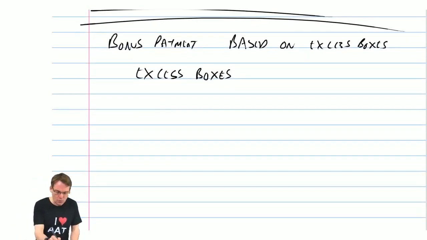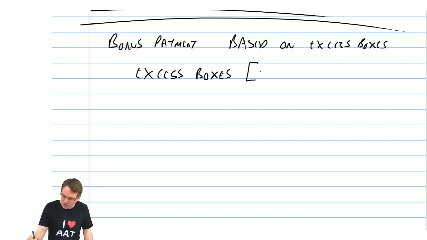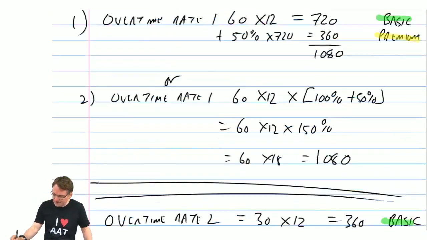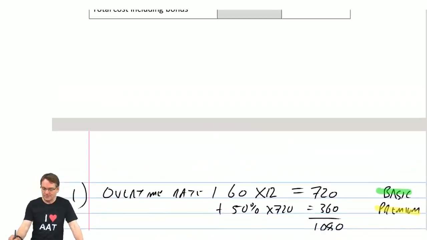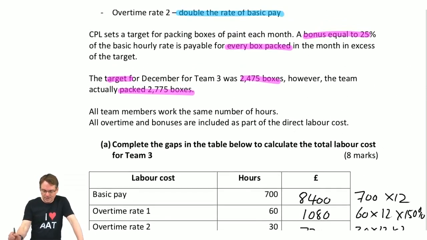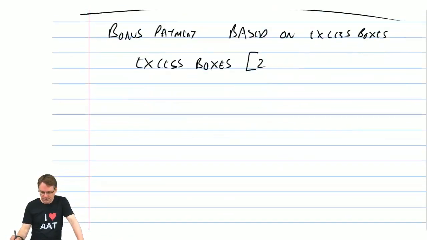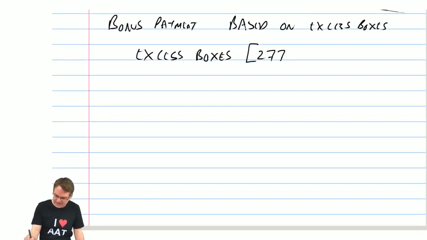First of all, let's just work out the excess boxes. They actually packed, I've forgotten what the number was now, I'm so busy talking, 2775, and 2475 was the target. So 2775 minus 2475.